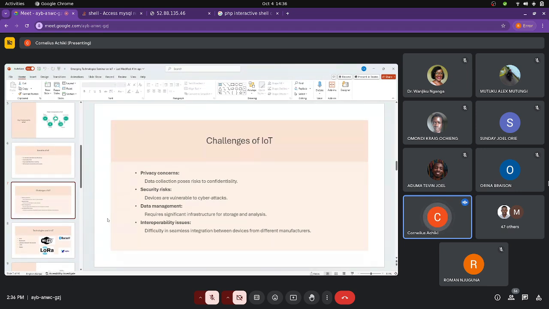So you need to have very good connectivity to the sensor. You need to have very good connectivity to the cloud service providers. And then the storage of that data, because it's a lot of data, you get petabytes of data that needs to be analyzed. You need somewhere to store that data.